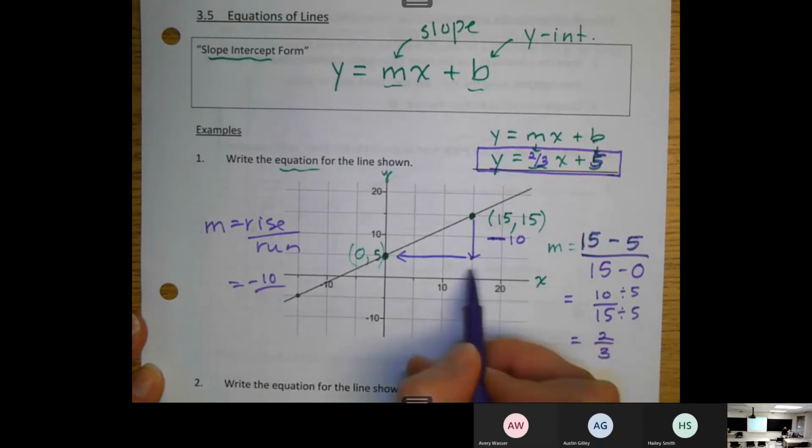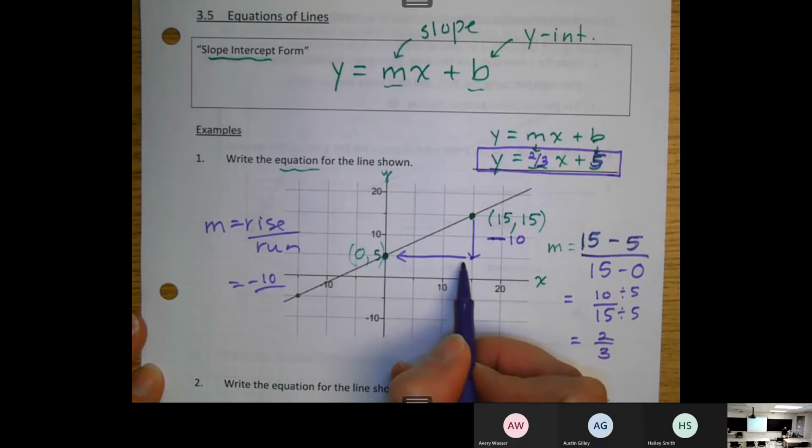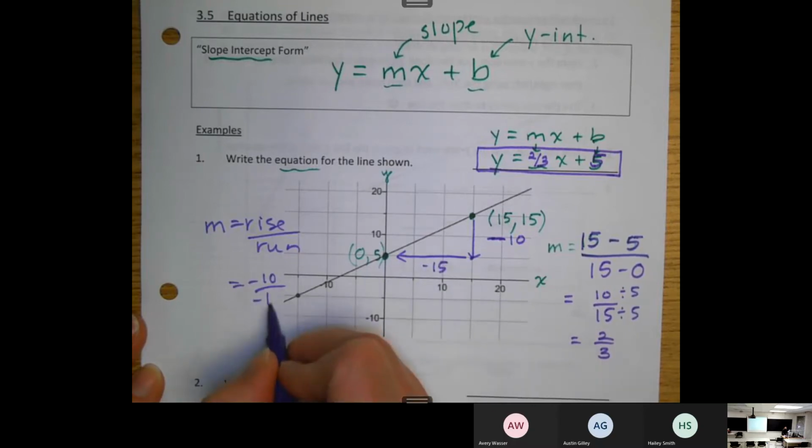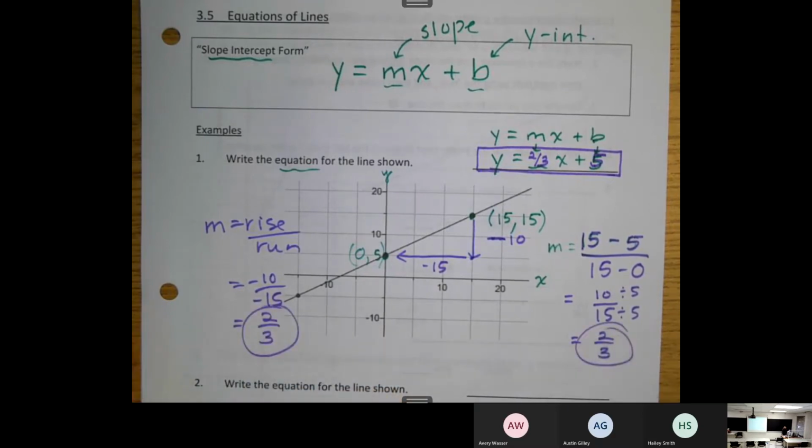And from that corner point there, I would need to go to the left 3 spaces. These are also 5 each, so to the left 5, 10, 15 makes the run -15. And that would also simplify or reduce to 2/3. So either formula we use should give us the same slope.